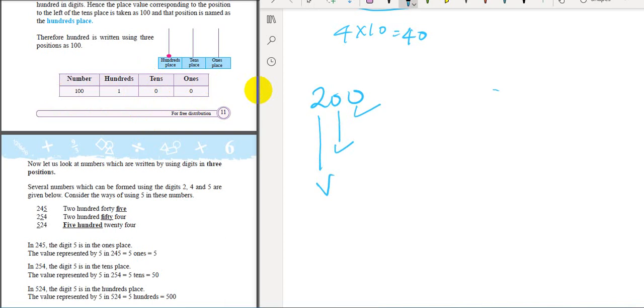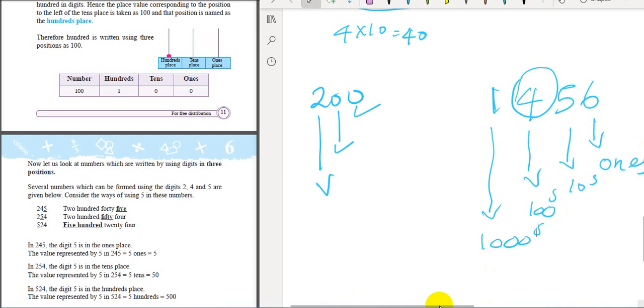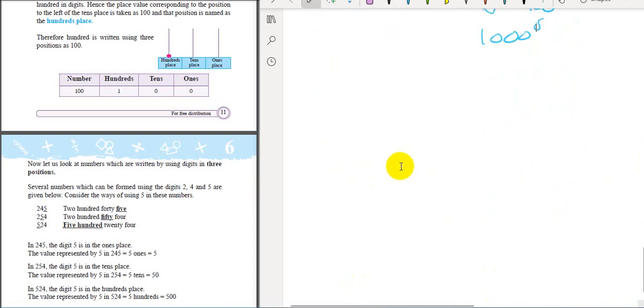If they give 1456, so this is ones, only 6 ones are here, here tens, here hundreds, because we call this 400. What about the next number? This is thousands, because we call this 1000. Okay, then we'll move to the next part.